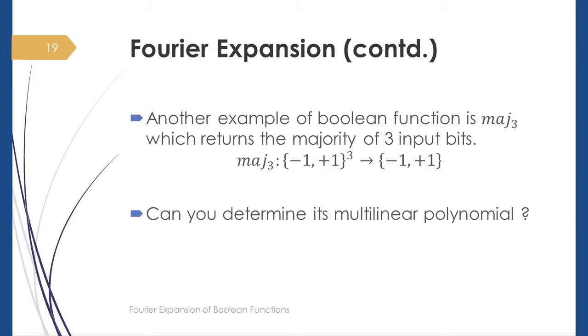It takes 3 input bits, hence the number 3, which are strings of length 3 built from symbols -1 and +1, and depending on which symbol occurs the most, the majority, it returns that symbol, namely either -1 or +1. So, it is a single valued output, and that is the result.